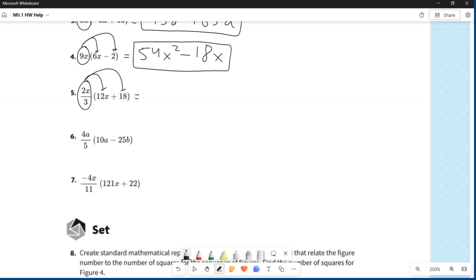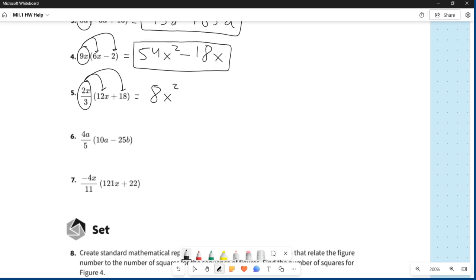When we take 2x over 3 and multiply by 12x, we're going to take 2/3 and multiply by 12. Well, another word for multiplication is "of." So you can think of this as 2/3 of 12. What is 2/3 of 12? Well, 1/3 is 4, and so 2/3 would be 8. So we end up getting 8, and then of course x times x is x squared.